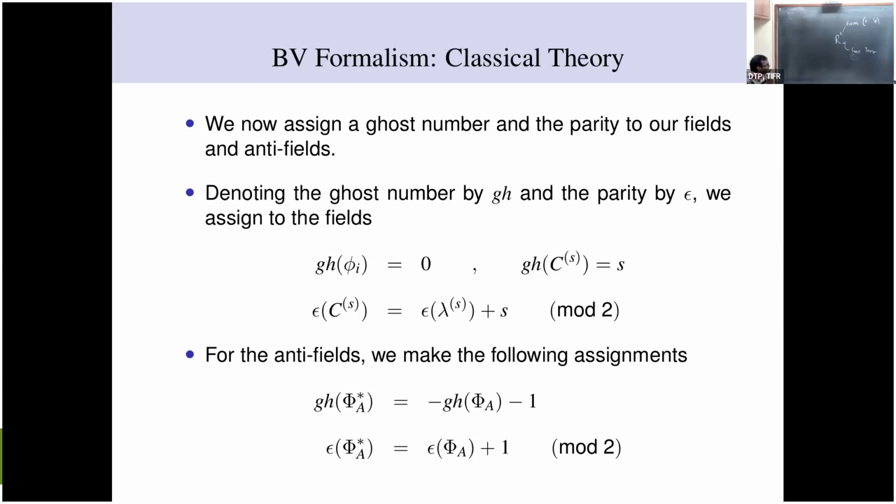The parity of this ghost will be related to the parity of your level S gauge transformation by the amount S, all this modulo 2. So it keeps changing. Yes. And for the anti-field, the ghost number differs from the ghost number of the field such that the sum of the ghost numbers of field and anti-field should be minus 1. And the parity of the anti-field should be opposite of the parity of the field. This is the only criterion we impose on the anti-field.